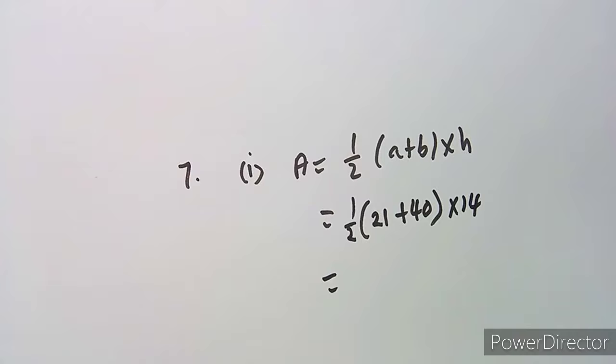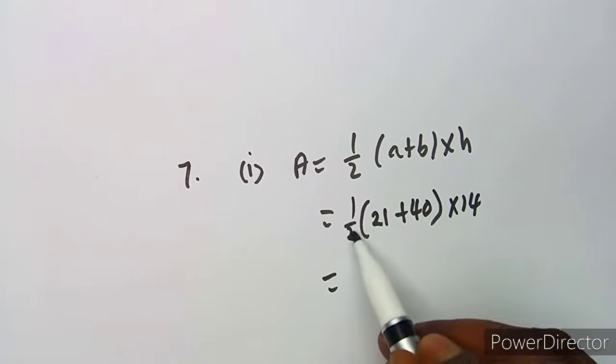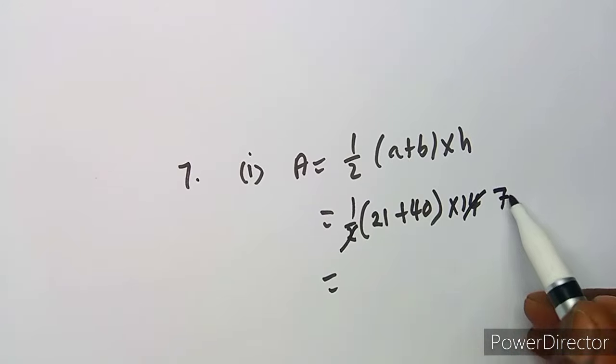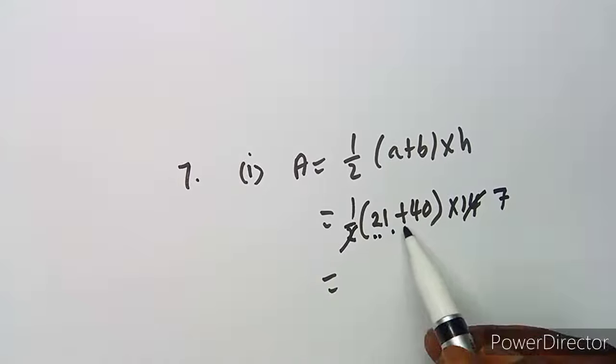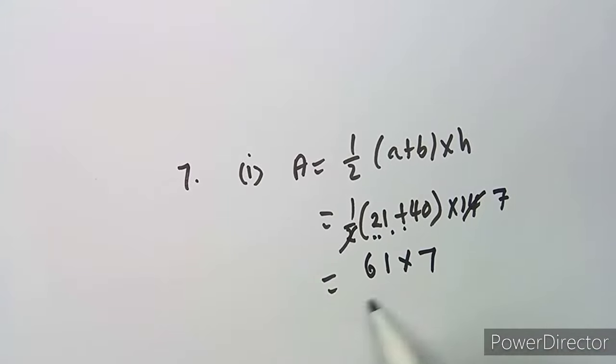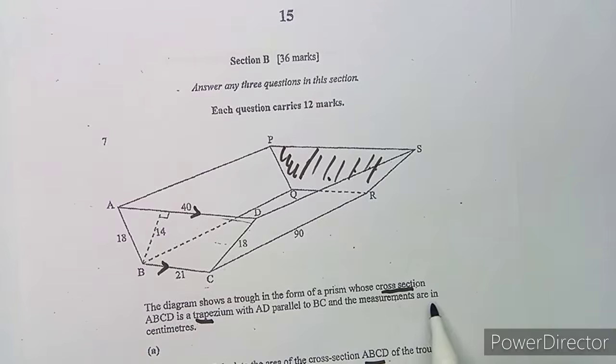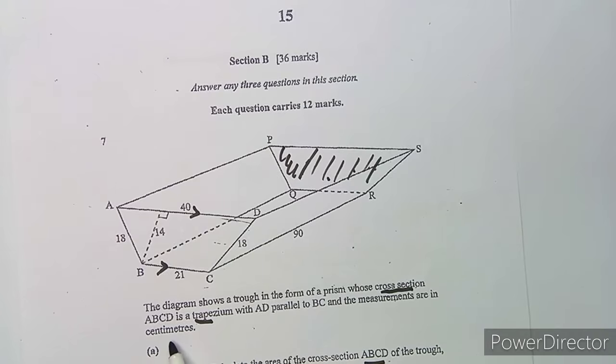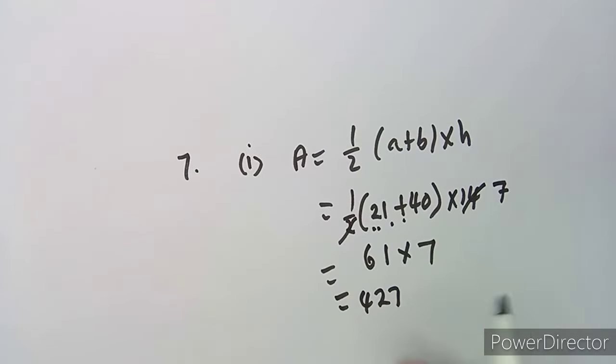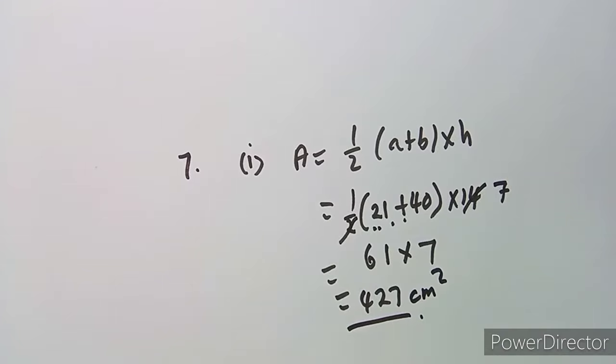So all you need, guys, is to use your calculator properly, which is half of 14, which is 7. So if we add, we have 61 times 7, which is 427. The measurements are in centimeters, which means your area is going to be square centimeters. Remember, this is area, square centimeters.